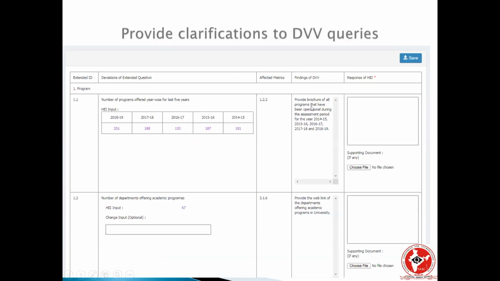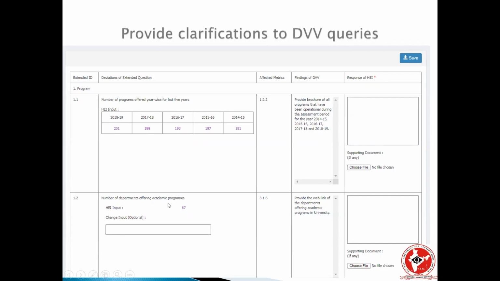So what the DVV has written, please provide brochure of all the programs that have been operational during the assessment period 14-15 till 18-19. So the HEI has to respond out here. As per the clarification sheet, we are providing the brochures of the programs from 14-15 to 18-19. Choose file out here and you have to upload it.